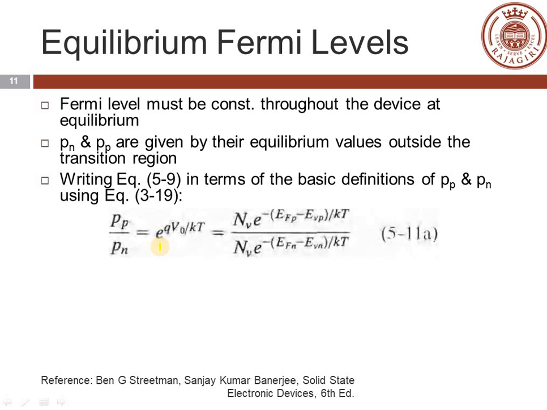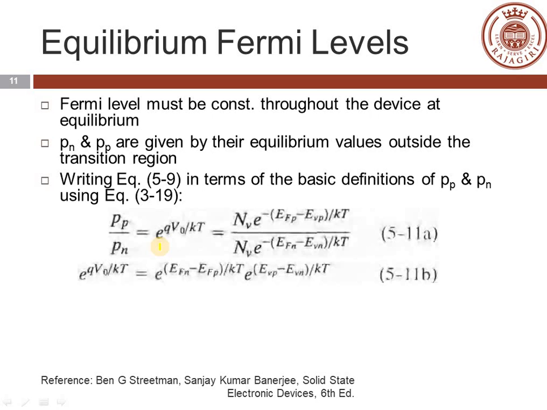So here we are having Pp and Pn. For Pp we will write NV into e to the power minus EFP minus EVP by kT. We have a suffix of P to indicate the P region, and for Pn we will write NV into e to the power minus EFN minus EVN divided by kT. And the suffix N is given to indicate it's an n-type material.